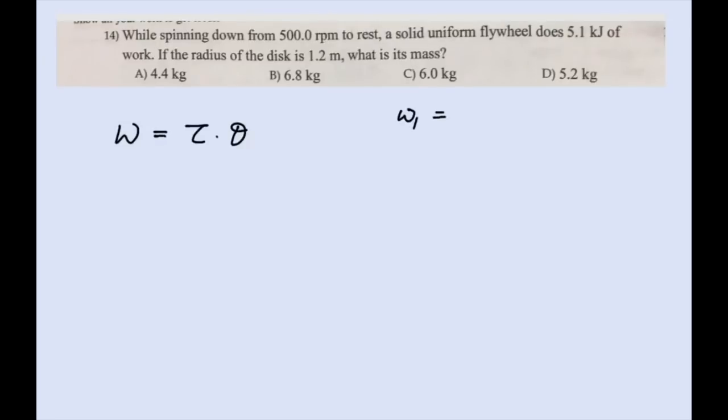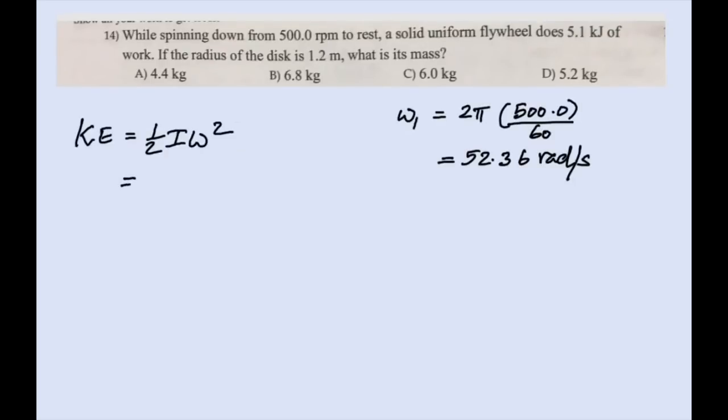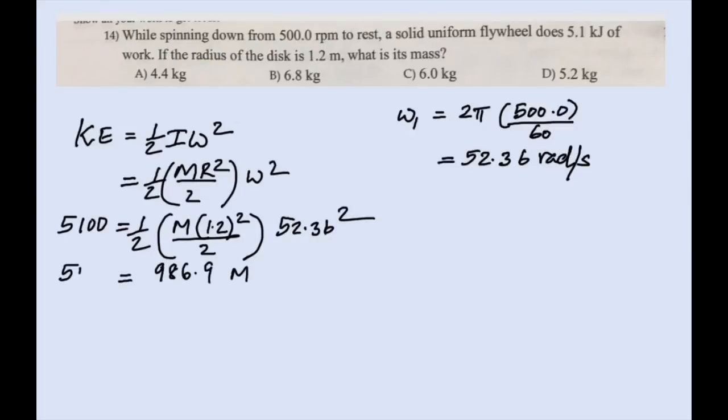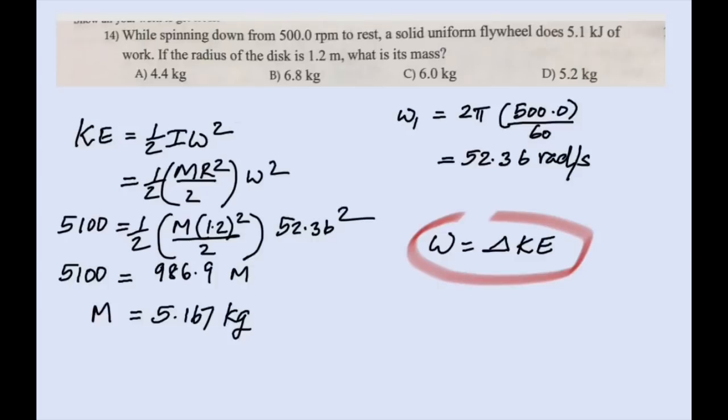And then it becomes easy because we know that kinetic energy is 1/2 I omega squared, and I is mr squared by 2, because once again the flywheel is a disk, and that's why it's mr squared by 2. So when you do that, you get the kinetic energy, which is equal to 5,100 joules, and from there you can find the mass.